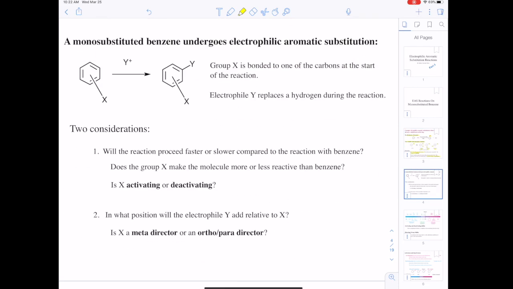So when we have some substituent X already on the ring and we add an electrophile, we ask ourselves two questions. Is the substituent already present activating or deactivating? And the other is whether that substituent is a meta-director or an ortho-para director.